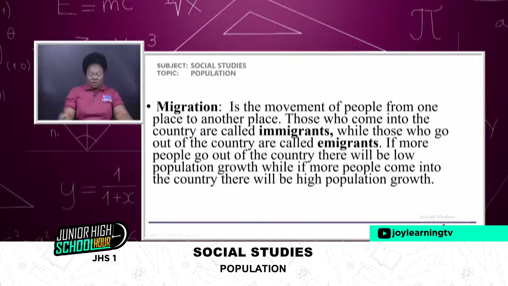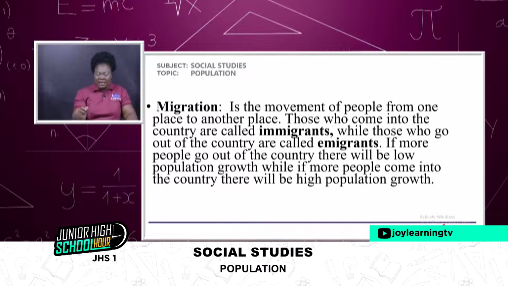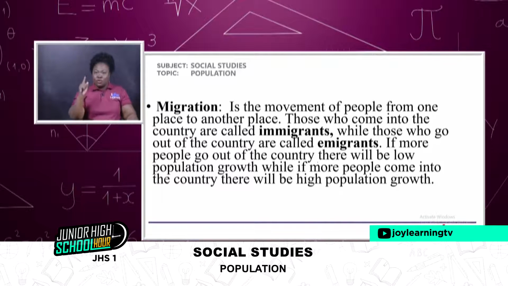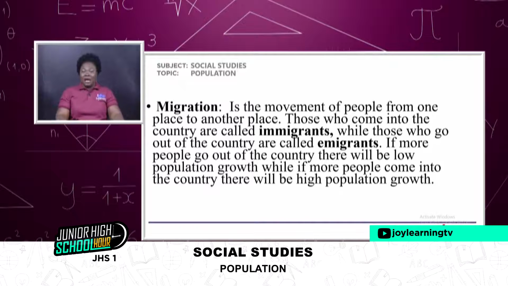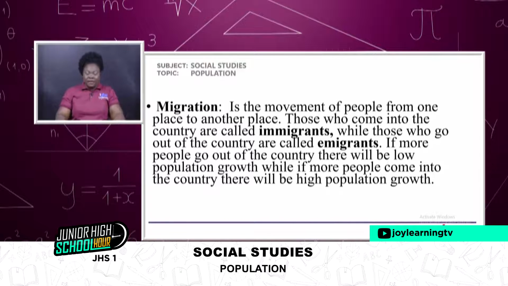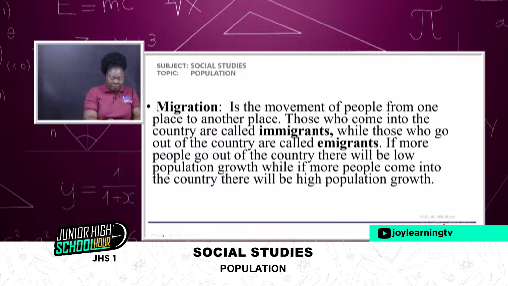Are you okay? So the word here is immigrants, those coming in, and emigrants, those going out. So all the Ghanaians who are outside there are what? They are all emigrants. If more people go out of the country, there will be low population growth, whilst if more people come into the country, there will be high population growth.